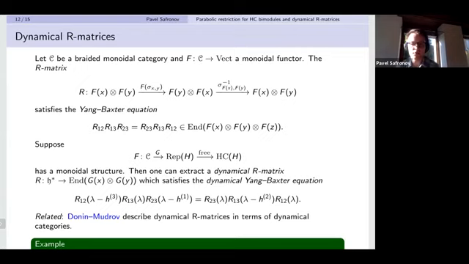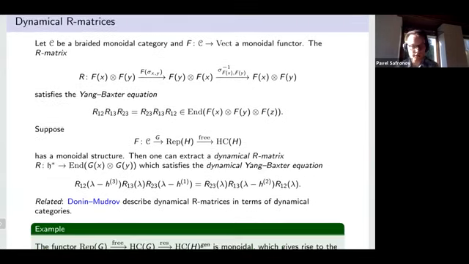And I will also assume that this monoidal functor lands in the subcategory of free Harish-Chandra bimodules for H. If you play more or less the same game, measuring how the braiding on C differs from the natural braiding on Vect, you can construct a dynamical R-matrix.